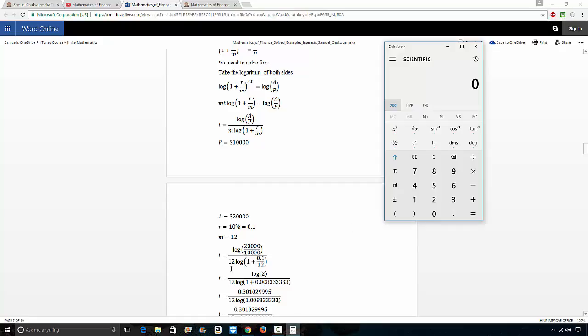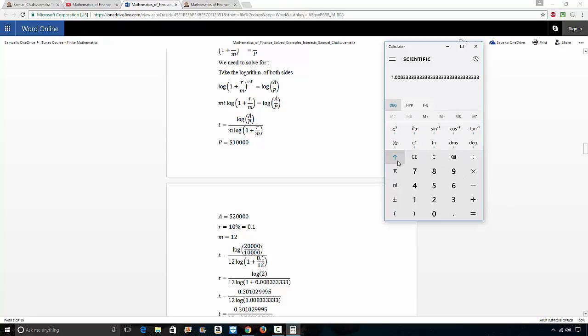Okay, so let me start with this here. Parenthesis here, 0.1 divided by 12 equal to. Then I do plus 1 equal to. So I want to find the log of this.